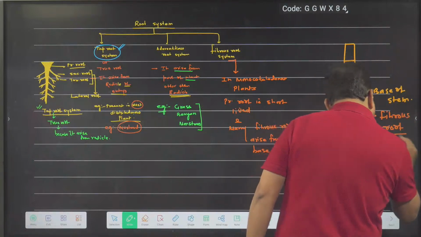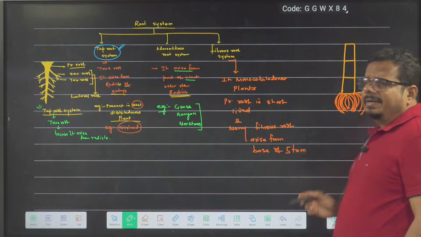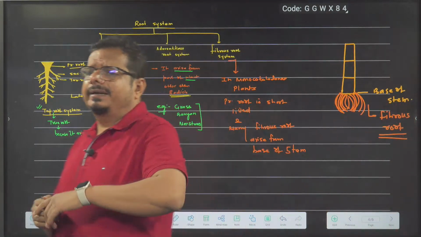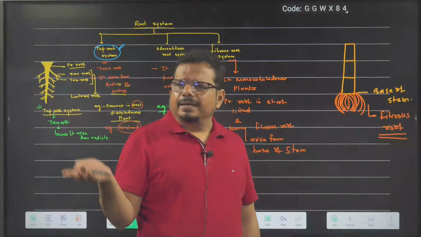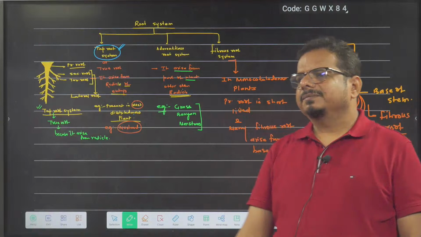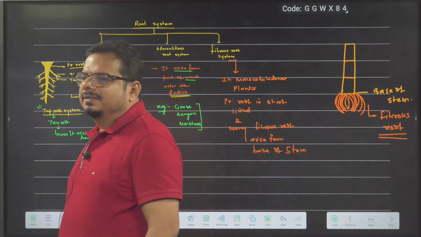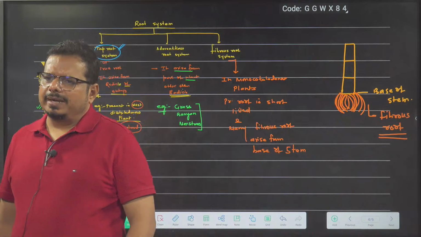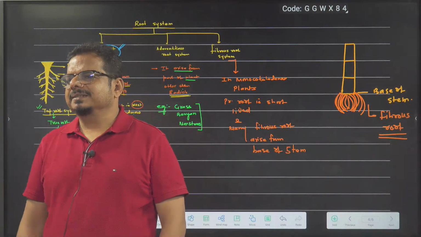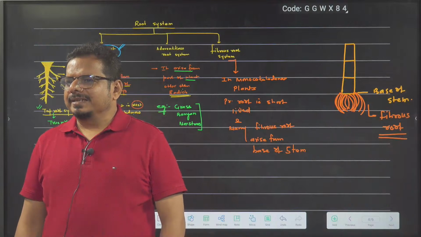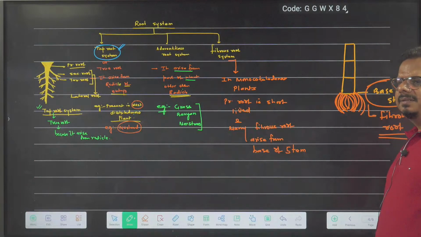Now if I ask you a question: is this fibrous root arising from radical or other than radical? Please give your answer. It is arising from the base of the stem. The base of the stem is not radical, right?